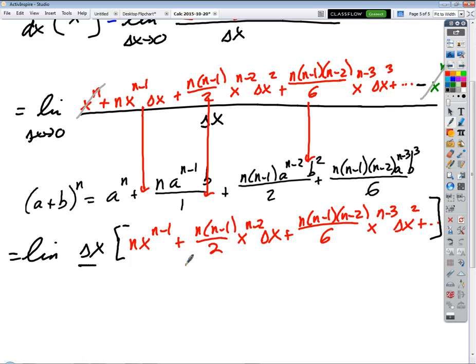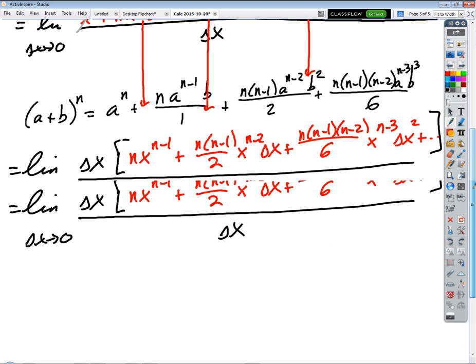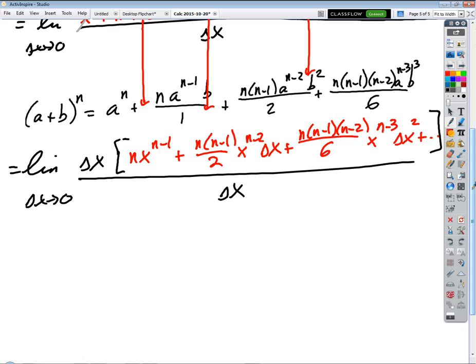Let's factor it. I factored out a delta x, so now what goes on? It cancels. How many factors are there in the numerator? Well, there are now two: I've got delta x times that big factor.